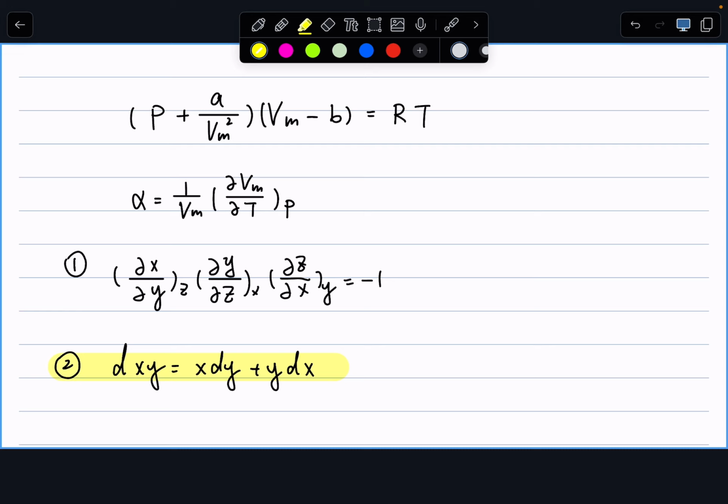So it's just a shortcut to give us a way to solve for the derivative dVm over dt. Or, later on, you can write it out as the left one, Vm minus b, and we're assuming dVm over dt at constant pressure, or in reality, we want to write it as a partial derivative, minus 2a over Vm cubed times Vm minus b, and this dVm over dt term.